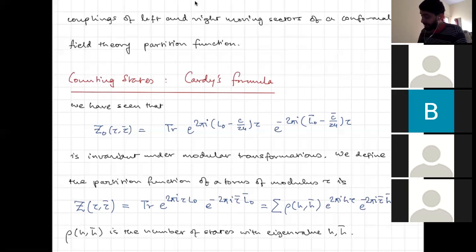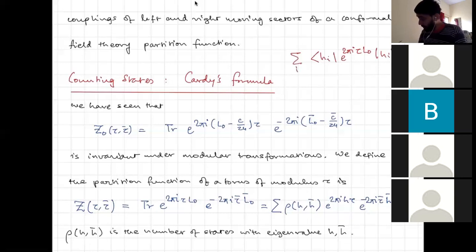Now what this essentially means is that you want to look at this on some states h, h bar. So let me not write the whole thing. This just means you're doing this with h_i's, e to the 2 pi i tau L naught on h_i, and you sum over all i's.